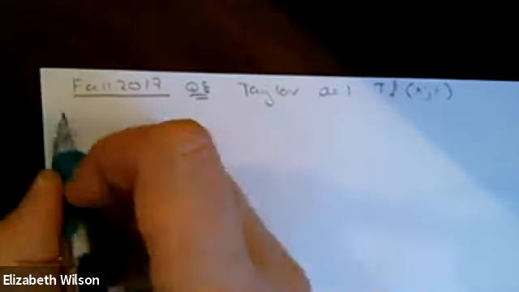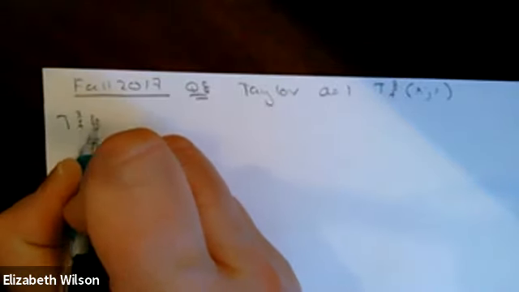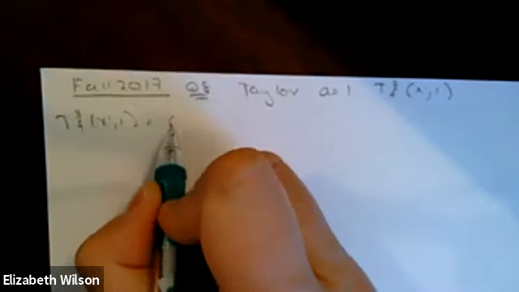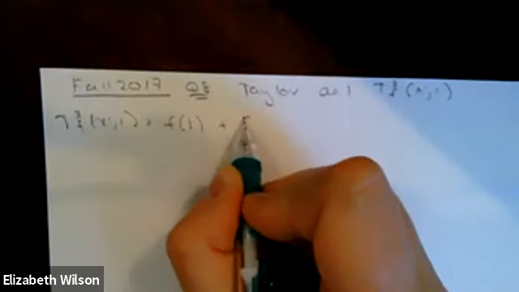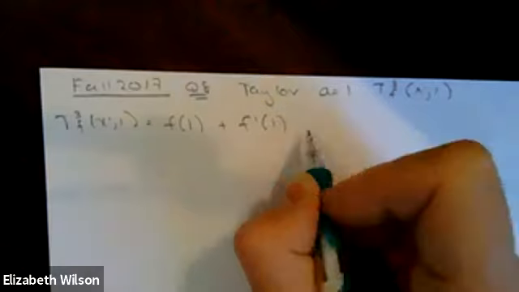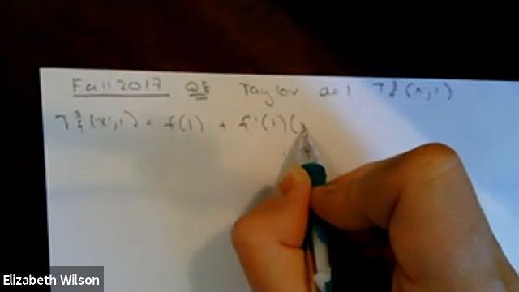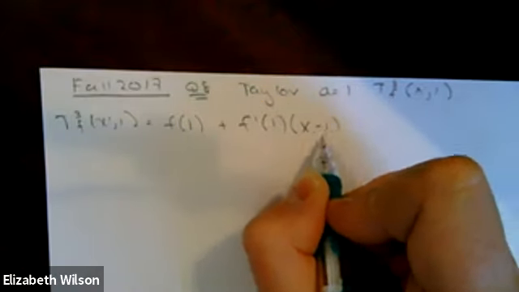So now what we're going to do is first off write out what our generic form is going to look like. So remember, that's going to be f, our function evaluated at 1, so x equals 1, right? That's where it's centered, plus our first derivative evaluated at 1, times x minus 1 all over 1 factorial.